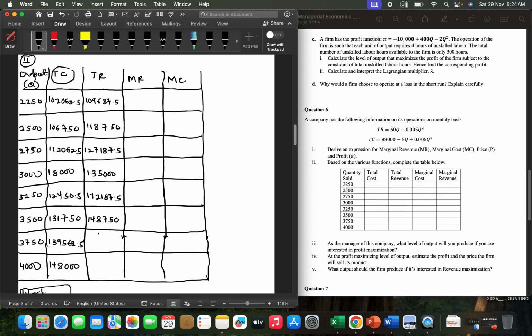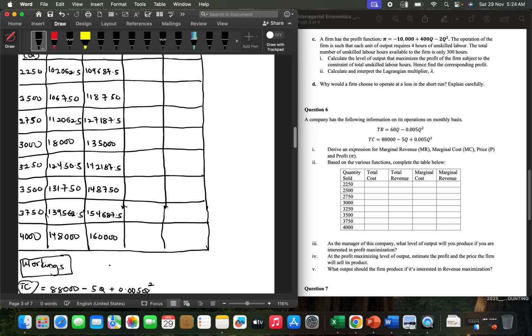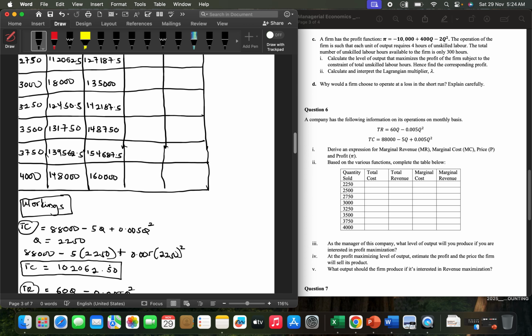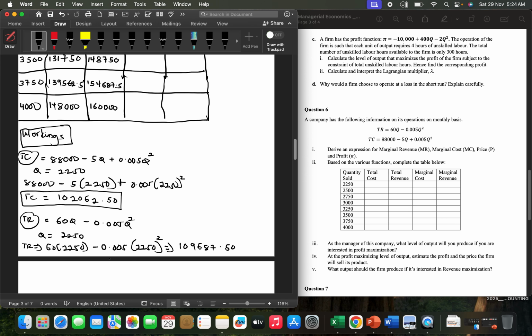The next one is 154,687.5. The last one is 160,000. So you basically use the total revenue function to fill the whole column there.